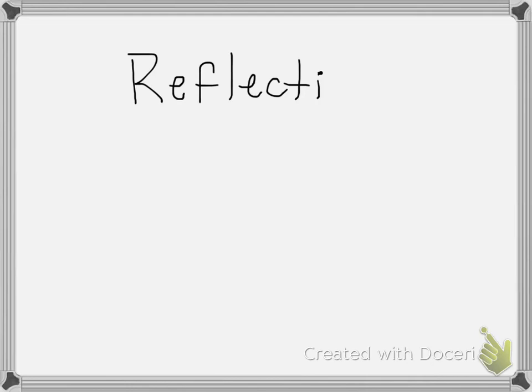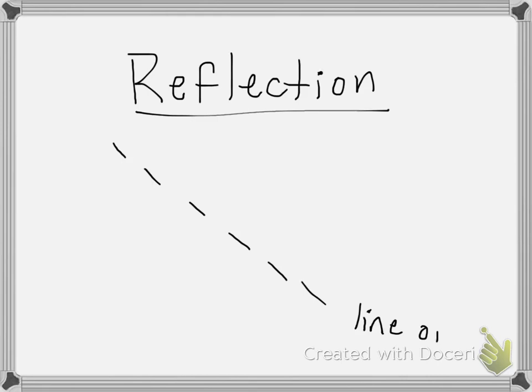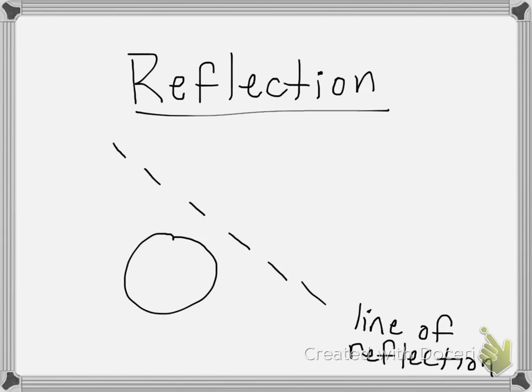Reflection is just like looking at yourself in a mirror. So there is always something called the line of reflection or the line of symmetry. All right, so we have our line of reflection here. And let's say we have our shape. Maybe it's going to be a smiley face, and we have our smiley face like this.